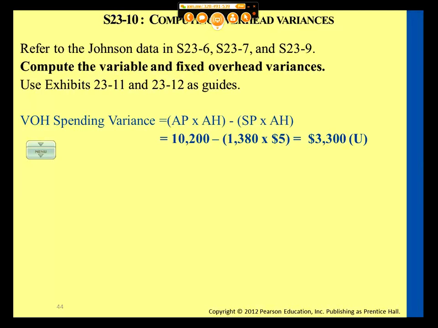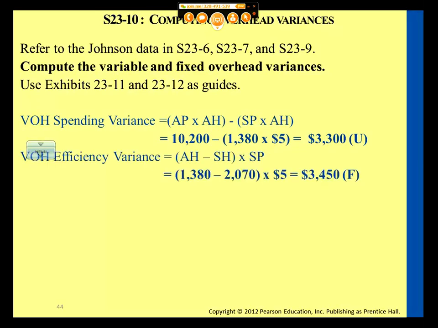Okay, so we find our spending variance. The next is the efficiency. Again, we follow the formula, and we see that it's actual hours minus standard hours multiplied by the standard price, right? We're looking for the efficiency variance.